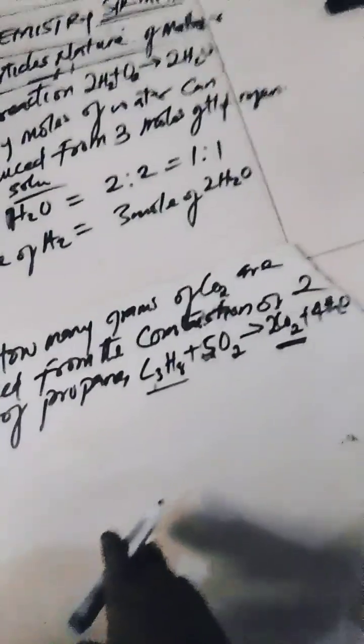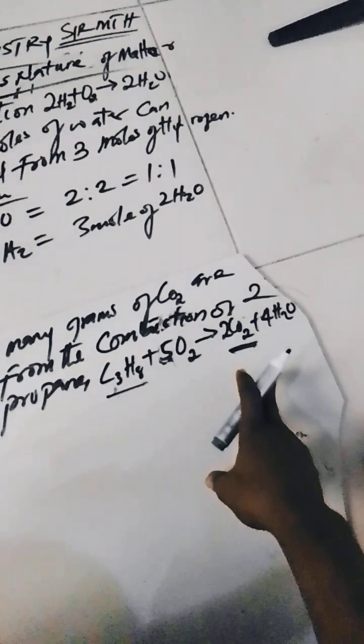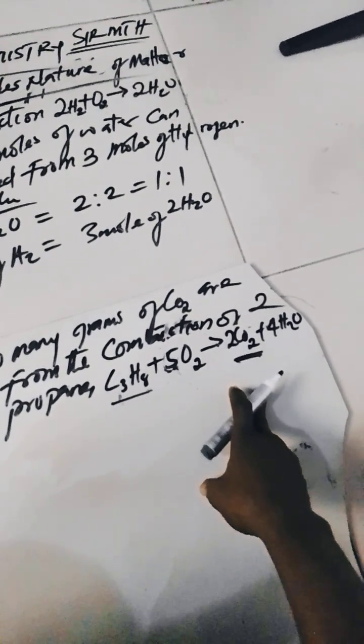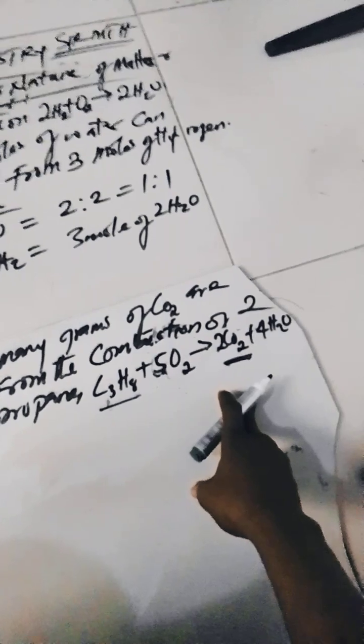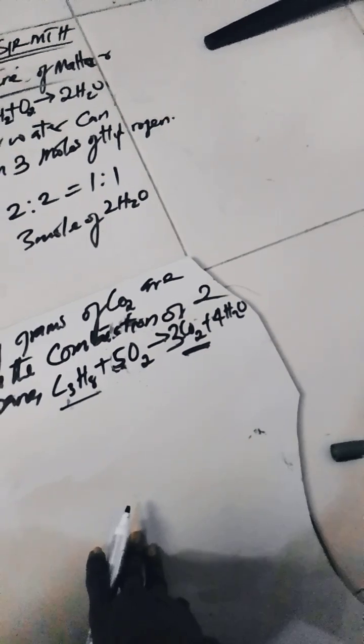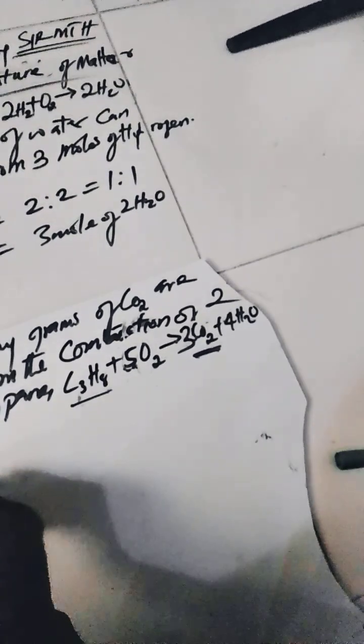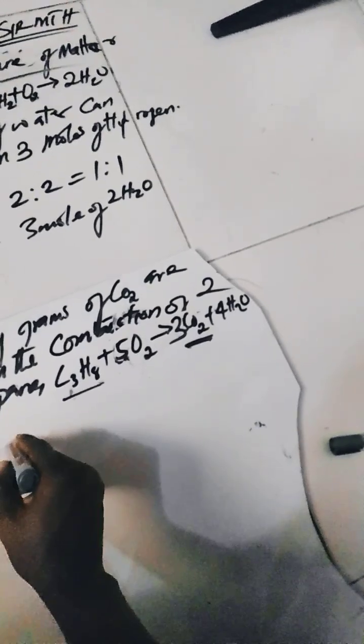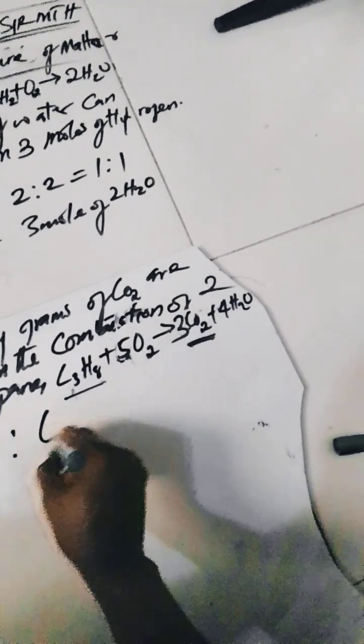If you check properly, you will discover that that was a mistake, this is 3 not 2, to balance the equation. Let's balance the equation. So here we have C3H8 is to CO2, so we have it as 1 is to 3.